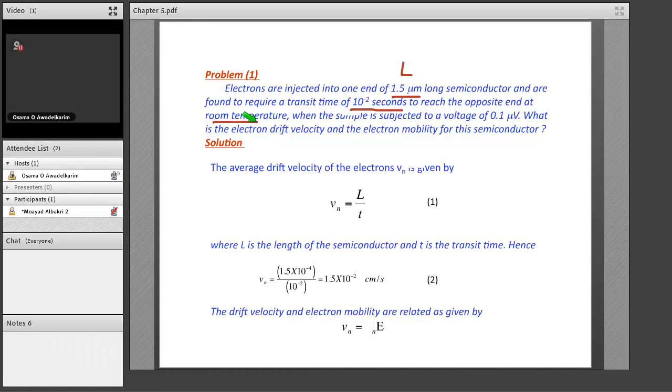When the sample is subjected to a voltage of 0.1 microvolts, what is the electron drift velocity and the electron mobility of this semiconductor? So now, the average drift velocity of electrons Vn is equal to the length traveled over the time.